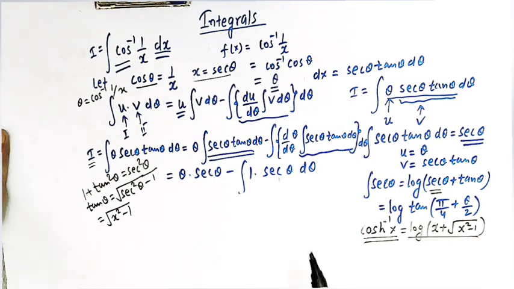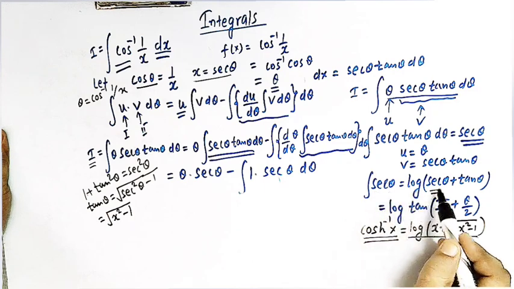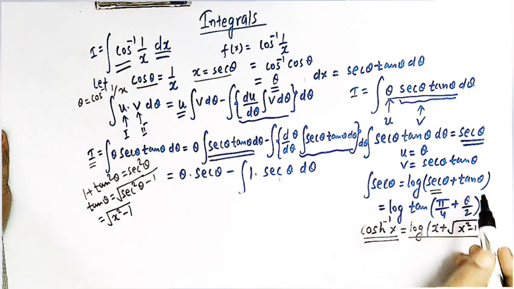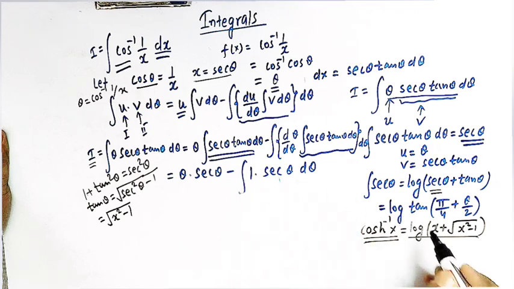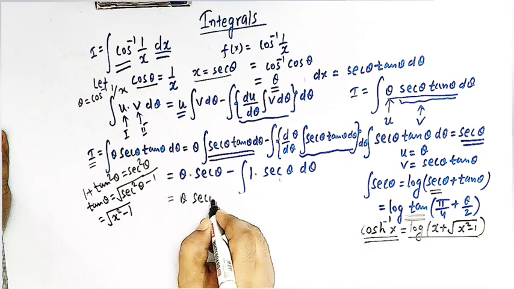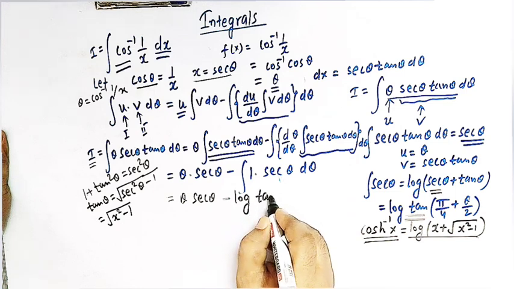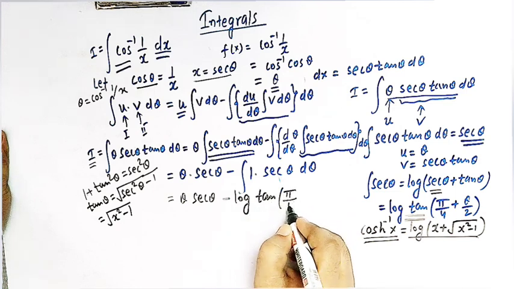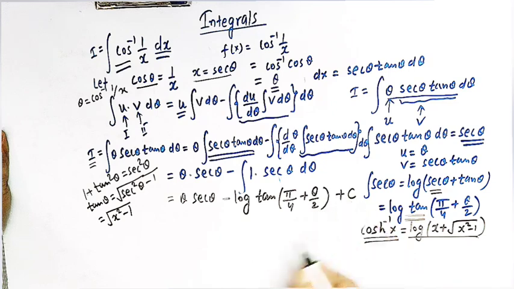So viewers, if instead of taking the integral of secant theta as log of secant theta plus tan theta, we would have taken the integral of secant theta d theta as this term, then we would have theta secant theta minus log of tan of pi by 4 plus theta over 2, plus c, right?